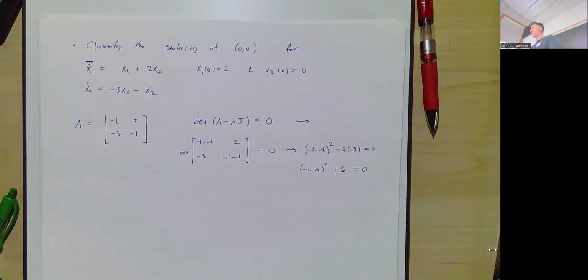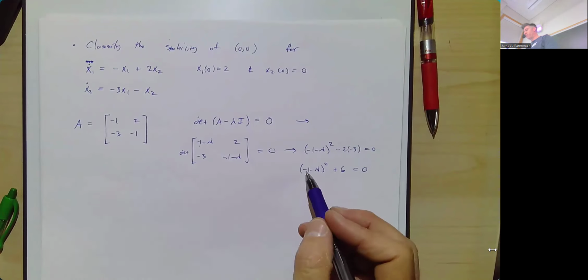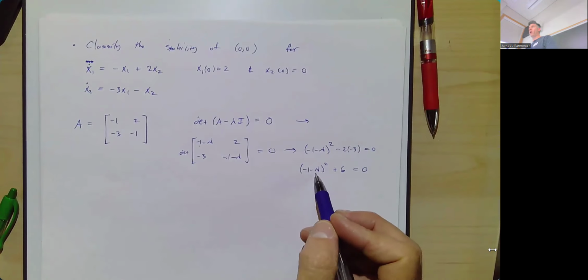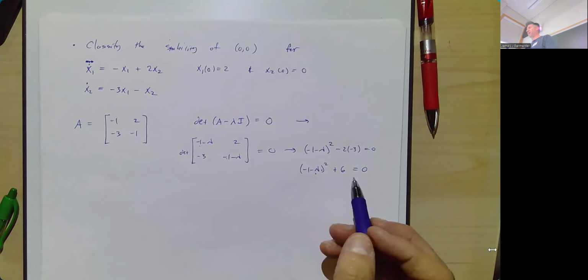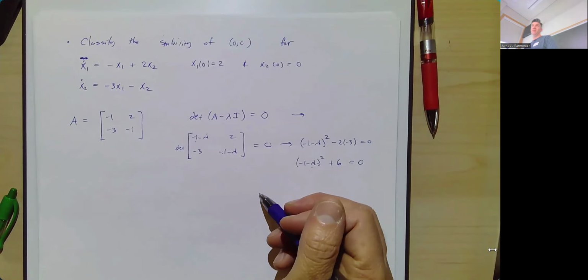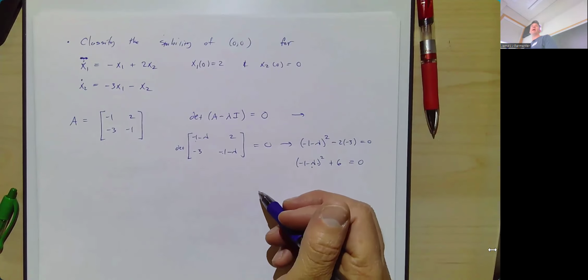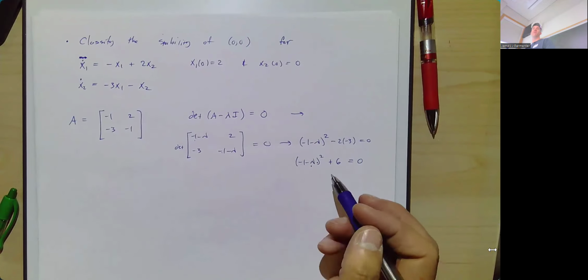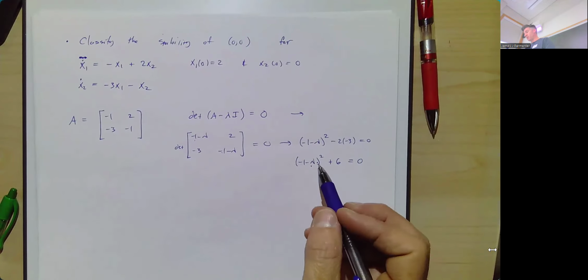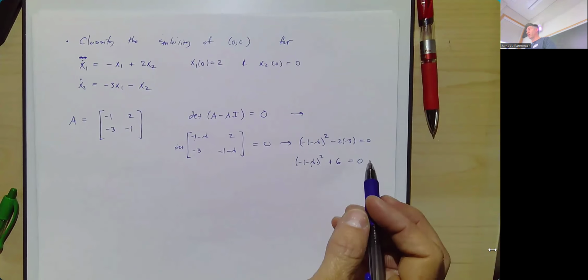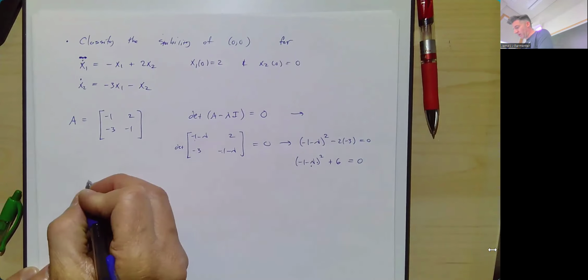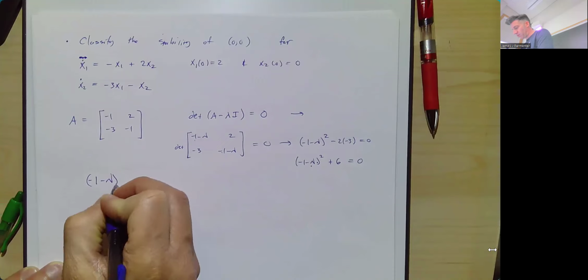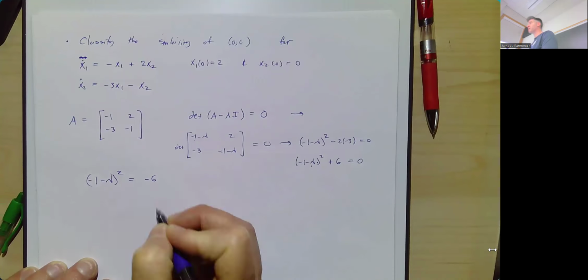There isn't a real number that when I do negative 1 minus a real number and then square it, I get negative 6, which is what I would need for this to be true. That means my answers are going to have to be complex. So what I'm trying to avoid doing here is using the quadratic formula. What I'm going to do instead is bring that 6 over to the other side. So I'm going to say that negative 1 minus lambda squared is equal to negative 6.